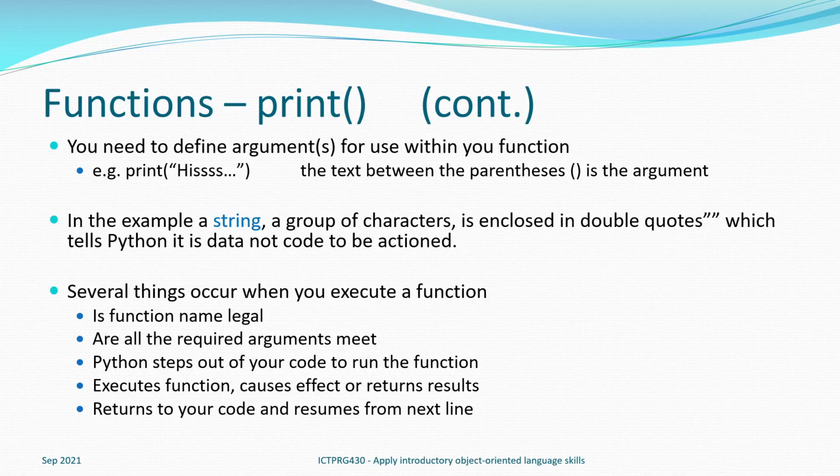It'll check whether the name is legal, whether all the arguments for that function have been met. Python will then step out of your code to execute the function. It will then return the effect or the value and come back to continue your next line of code.